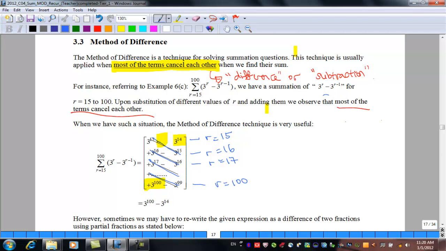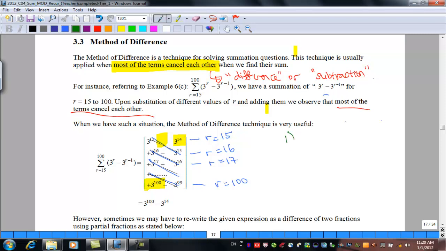So now, what are some of the key points to note to know when we can use the method of difference? I'm going to give you 2 key points basically, and you have to check for these before applying the method of difference.